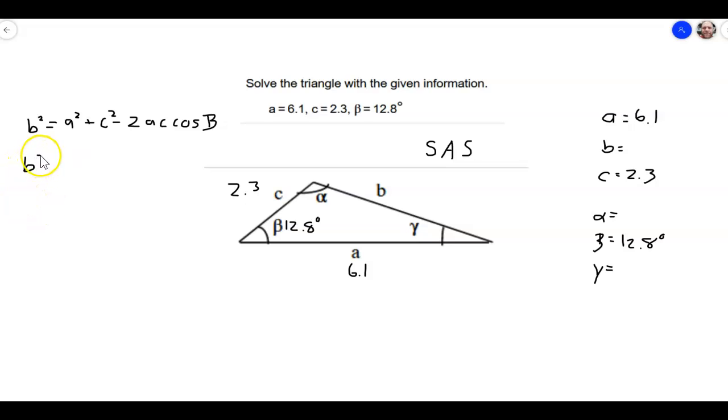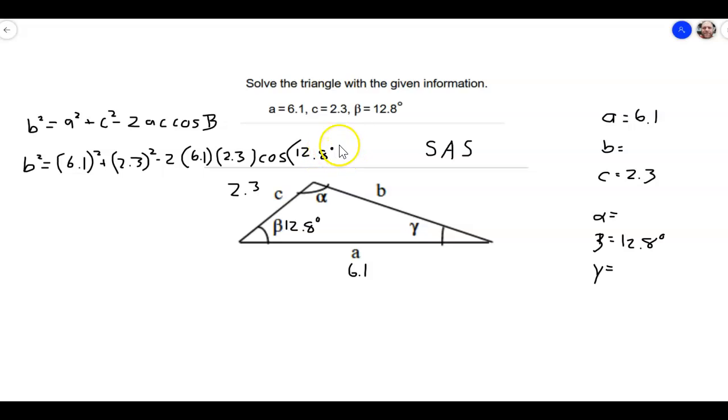So we have b squared is equal to a squared, so that's 6.1 squared, plus c squared, so that's 2.3 squared, minus 2 times a, which is 6.1, times c, which is 2.3, times the cosine of 12.8 degrees.